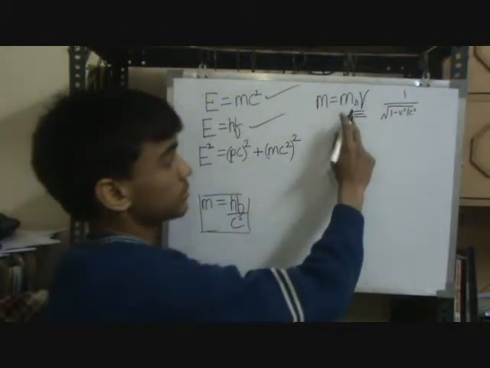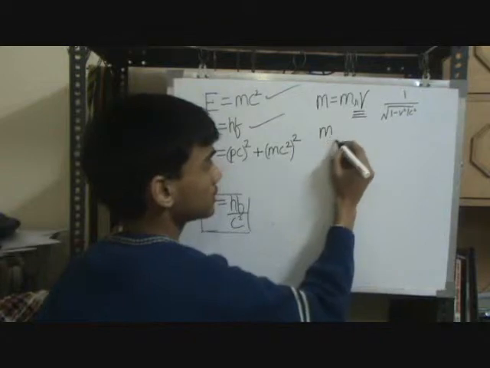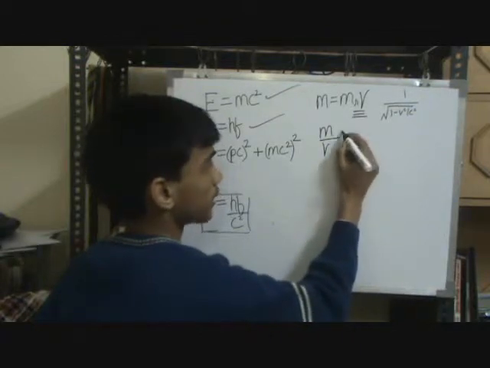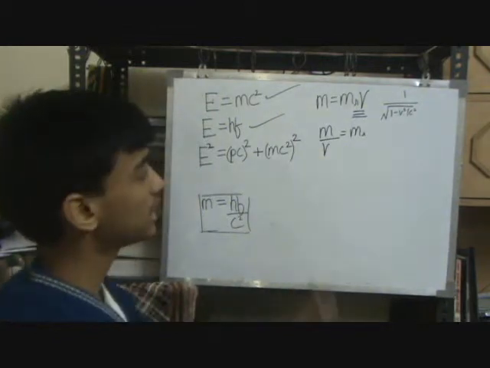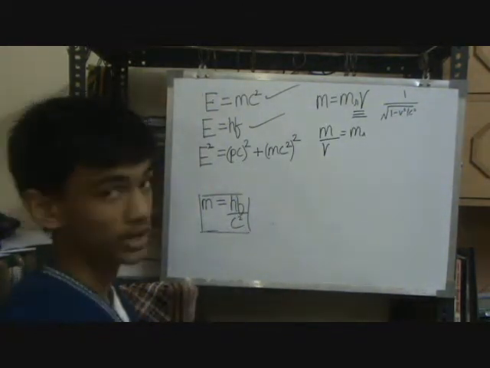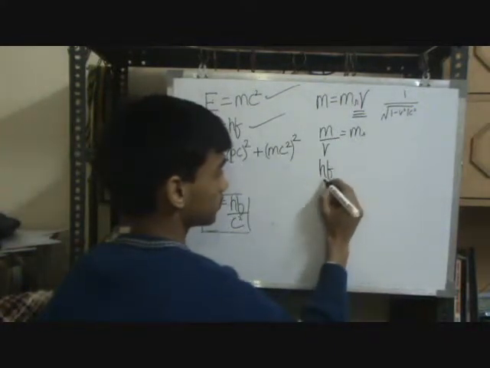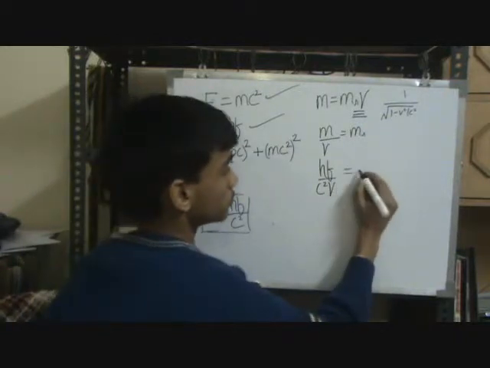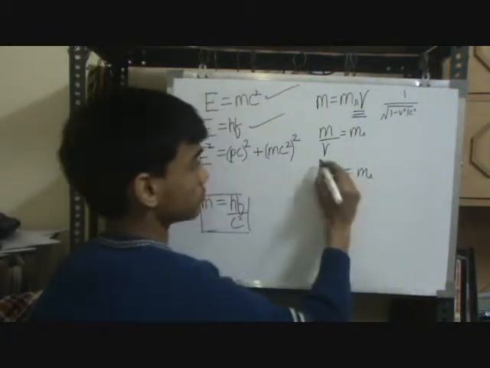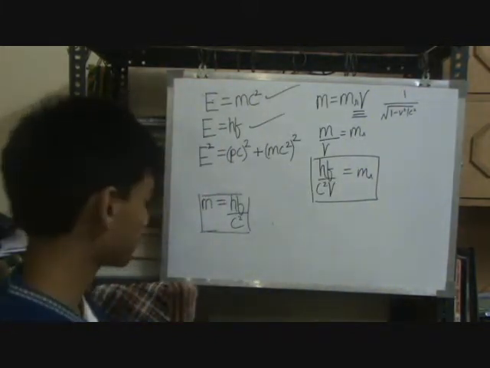Therefore, rest mass is equal to relative mass upon Lorentz factor. In this case, the relative mass is equal to hf by c square. Therefore the rest mass becomes this. This is an important point. We have to remember this.